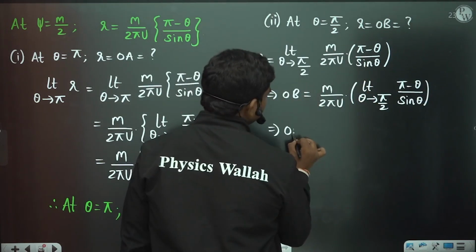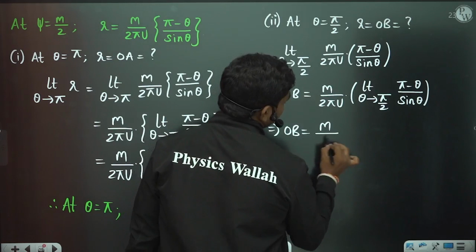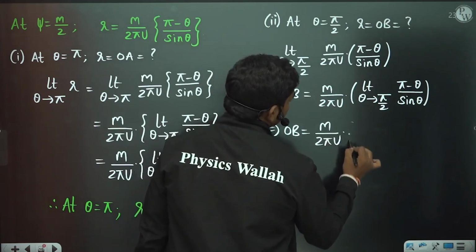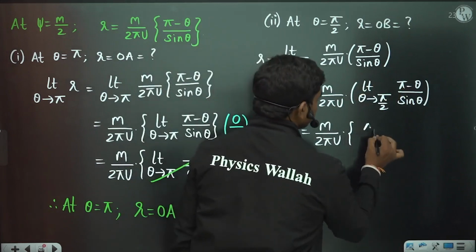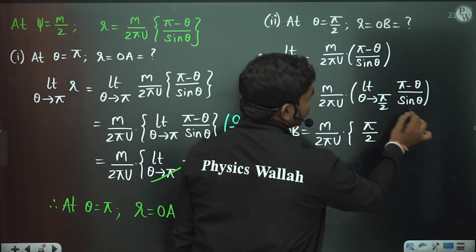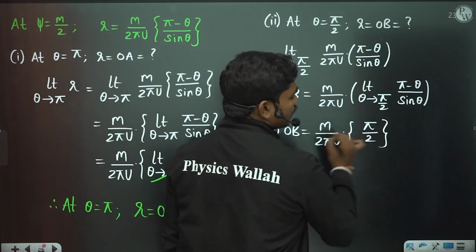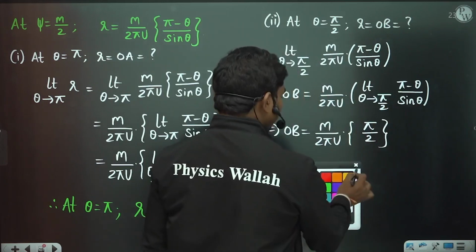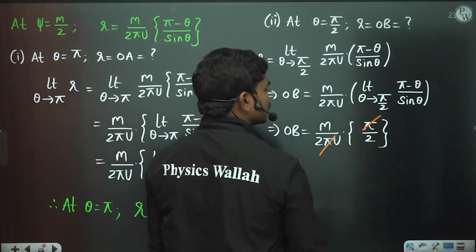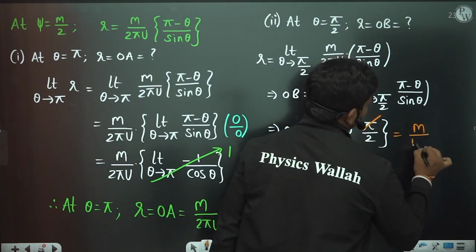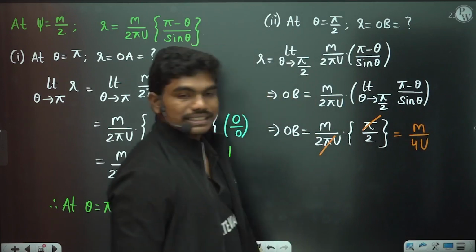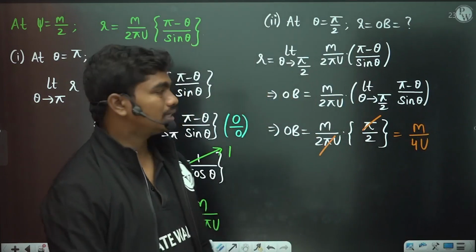So OB is equal to m by 2 pi u into, if you put theta equal to pi by 2, pi minus pi by 2 gives you pi by 2, divided by sin pi by 2, which is 1. So this is pi by 2. If you simplify, pi and pi get cancelled here. So this gives you m by 4u. Okay, so this is the value.